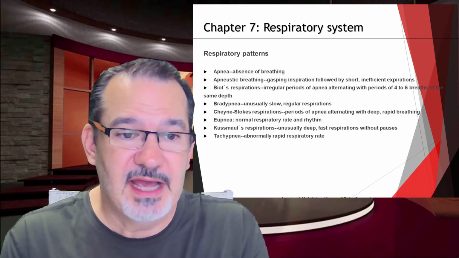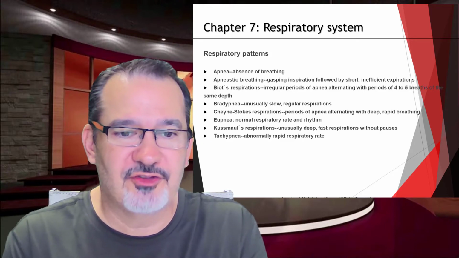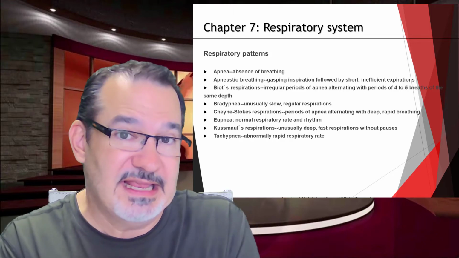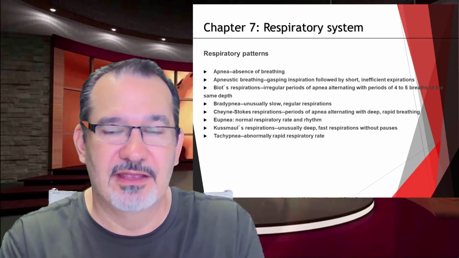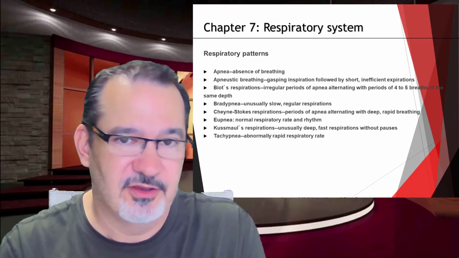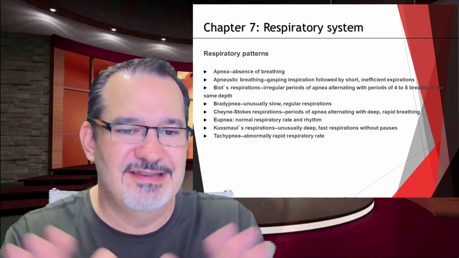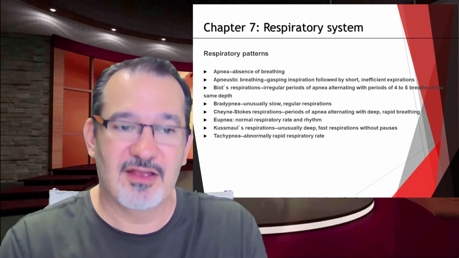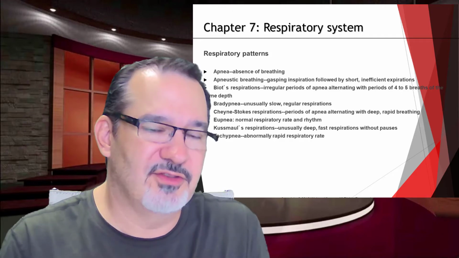Okay. Bradypnea is unusually slow, irregular respirations. If we go back and remember that brady is decreased and tachy is increased. So bradypnea is decreased respirations. Oftentimes happens when we sleep, when we're at rest. Okay, so tachypnea is the opposite.